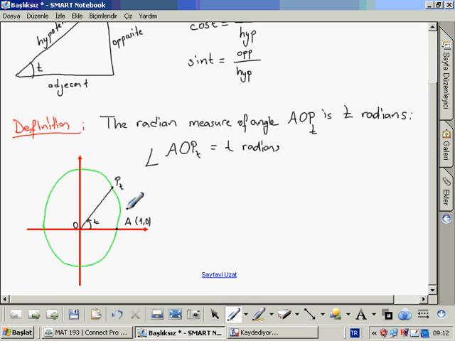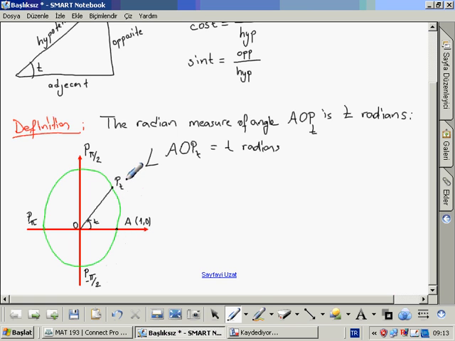This point is P sub pi over 2, this point is P sub pi, and this point is P sub minus pi over 2.